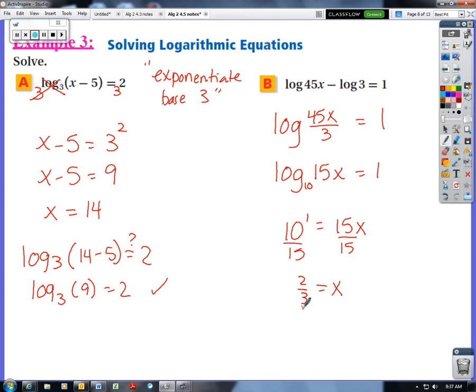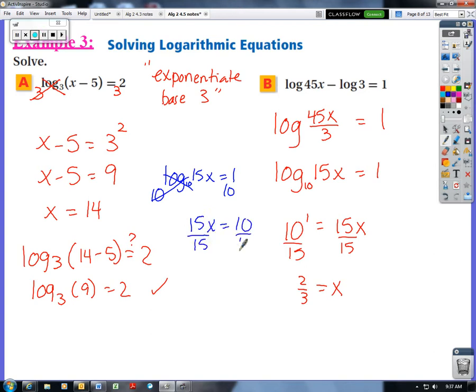Another way: we had log of 15x equals 1. That's base 10, so you can exponentiate base 10 to both sides. That knocks out the log, and 15x equals 10, and you get the same thing.